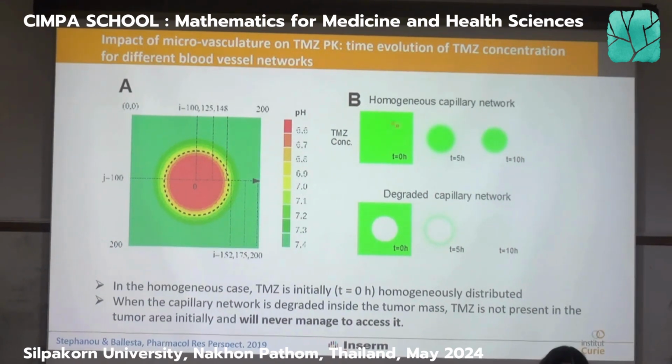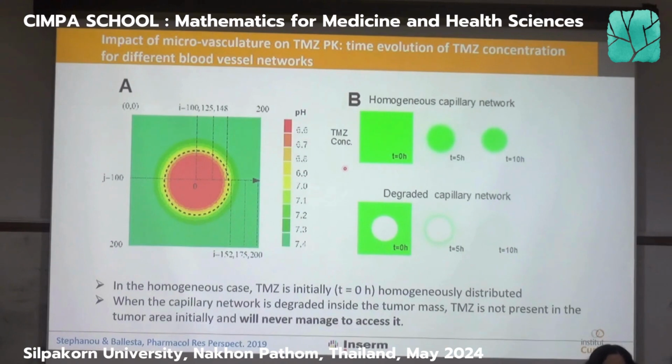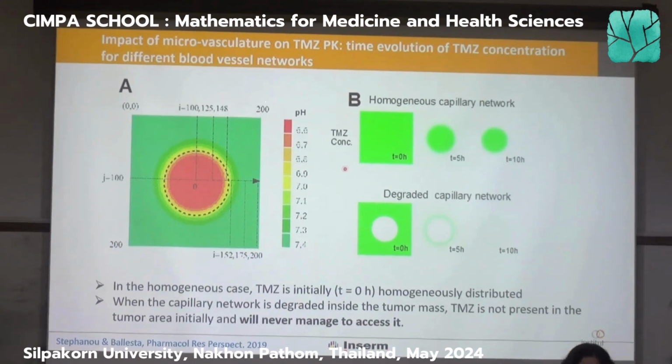So the first case is basically when the drug is homogeneously distributed at time t equals 0, which is basically when you have plenty of blood vessels around, and so the cells can see the drug at the beginning, time t equals 0.